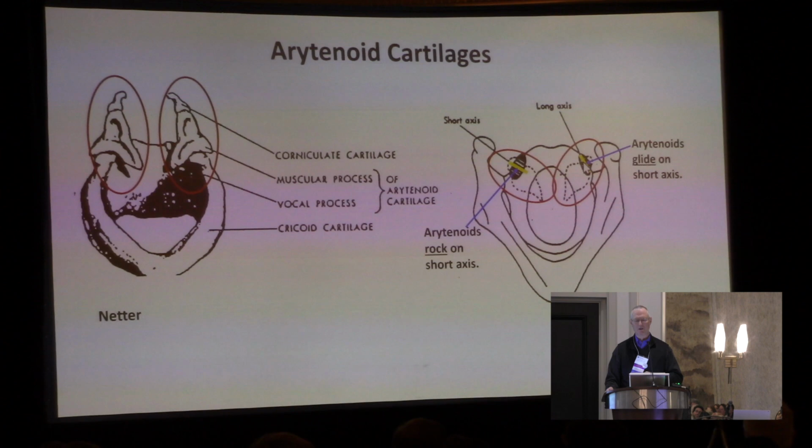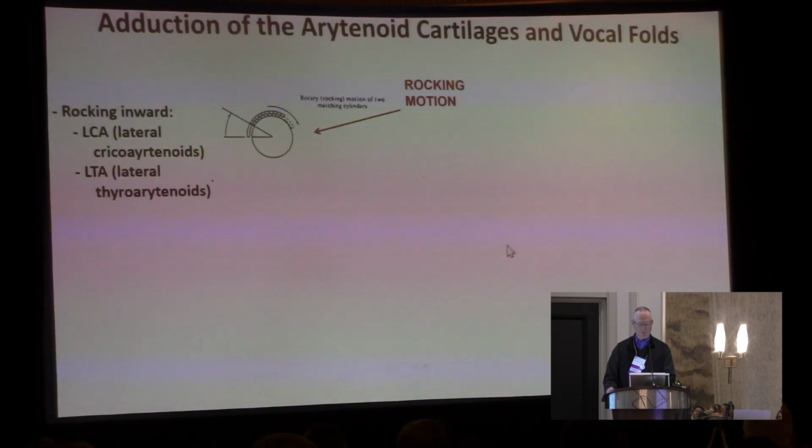They both have the short and the long, but that's fine. Now, the short axis is the rocking axis when the arytenoids are going to rock in, so the vocal processes come down and forward. And the long axis is, if you contract the interarytenoid muscles in the back here, that pulls the arytenoid up and back. And both of those happen at the same time for normal abduction and adduction purposes.